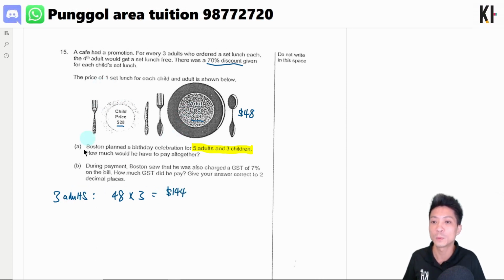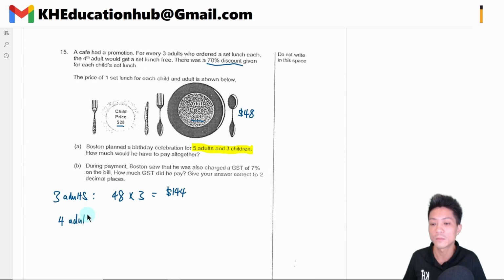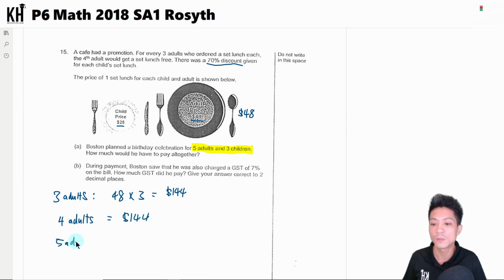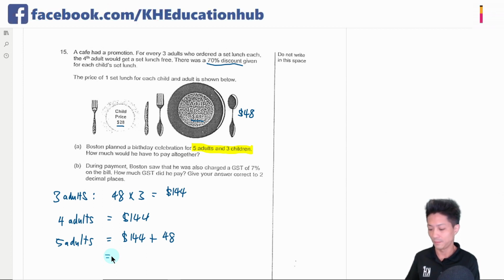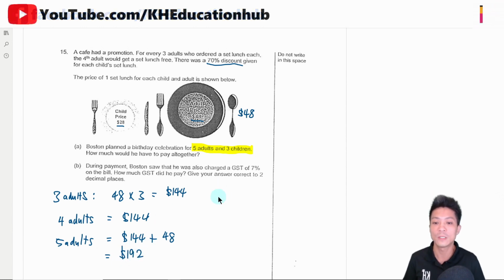So since the 4th adult will get a free set lunch, it is as if 4 adults is equals to 144. So 5 adults will need to pay, okay, 144 plus another $48, okay, which is $192.